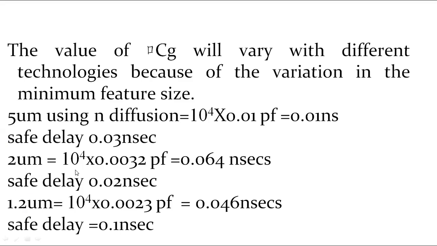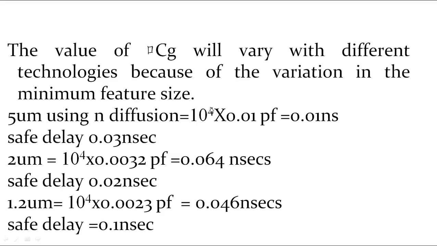Okay, already we have found that for the three different technologies, the capacitance value for 5 micrometer is 0.01 picofarads, for 2 micrometers the capacitance value is 0.032, and for 1.2 micrometer the capacitance value is 0.0023 picofarad. If you multiply that, we know the formula for the time constant: tau equals Rs into square Cg.